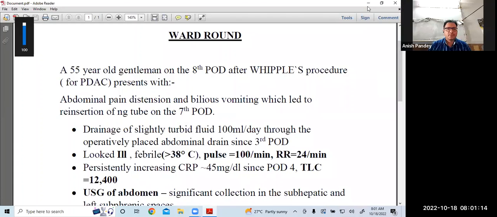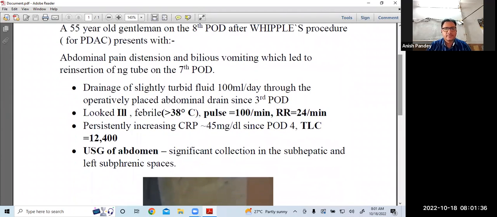A 55-year-old gentleman on the 8th post-operative day after Whipple's presents with abdominal pain, distension, and bilious vomiting, which led to the reinsertion of a nasogastric tube on the 7th post-operative day. Drainage of slightly turbid fluid, 100 ml per day, through the operatively placed abdominal drain since the 3rd post-operative day.